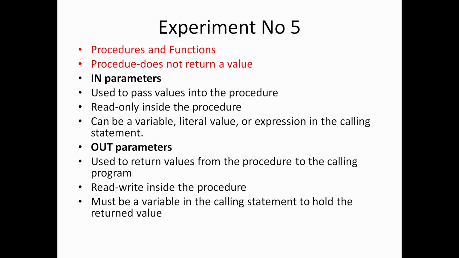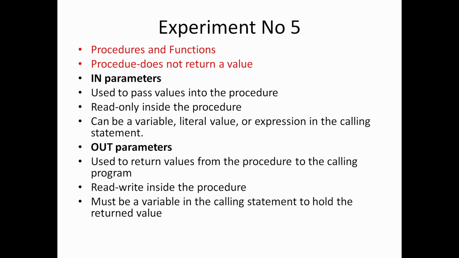Generally we have three kinds of parameters: IN parameter, OUT parameter, and the third one, IN OUT parameter. Procedures are not able to return a value but are able to perform some actions. The IN parameter is used to pass values into the procedure. It is read-only mode, so you can only read the values inside the procedure. The OUT parameter is used to return values from the procedure to the calling program.